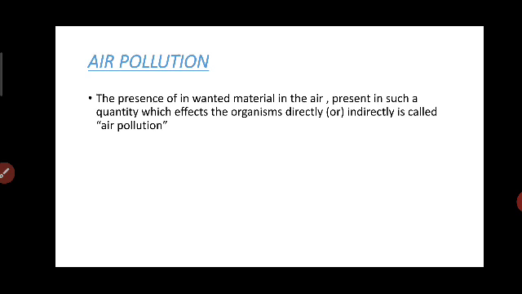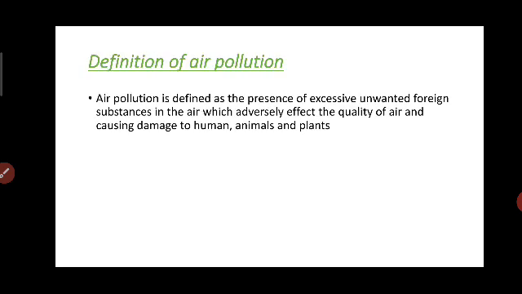More than the threshold limit quantity, which affects the organisms directly or indirectly, is called air pollution. So air pollution is defined as the presence of excessive unwanted foreign substances in the air which adversely affect the quality of the air and cause damage to humans, animals and plants. That is called air pollution.